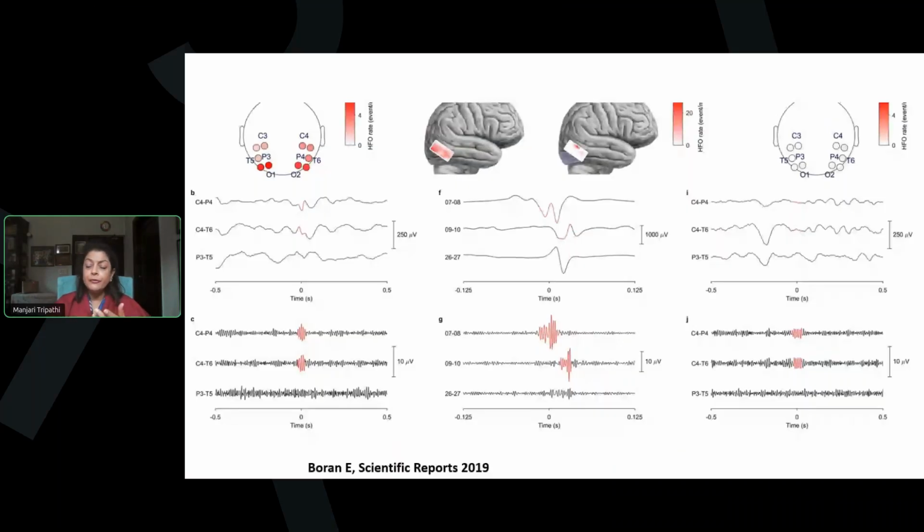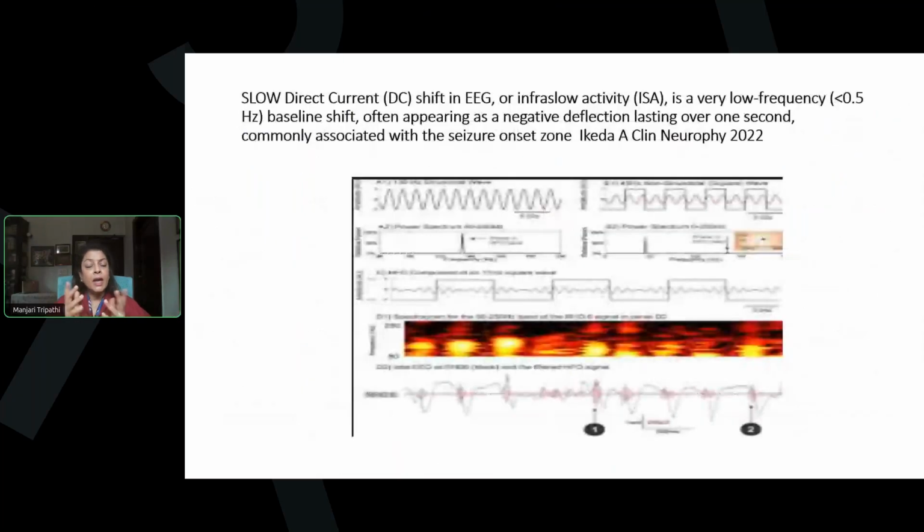So HFO analysis, with a wider bandwidth of your EEG systems, where you have acquisition of 10,000, can be done. Then, of course, Professor Ikeda from Japan has clearly shown in his group that we have slow DC currents, and these DC currents occur right at the ictal onset, and these are very low frequency, less than 0.5 hertz.